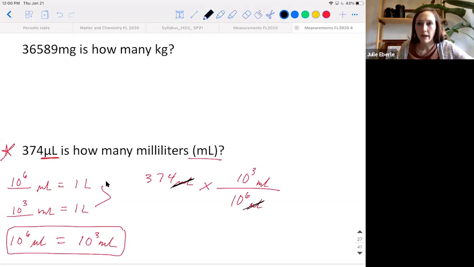Now when you go to put this in your calculator to do the math, you do 374 times 10 to the power of 3, and then you divide it by 10 to the power of 6. I like to put some of this in parentheses to help me out. Anything that's on bottom down here, you're going to divide by that.